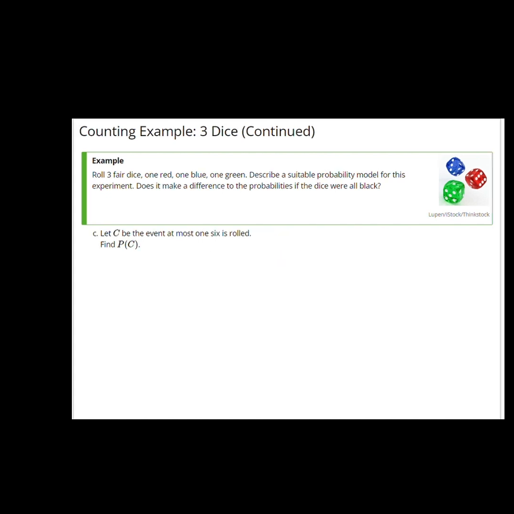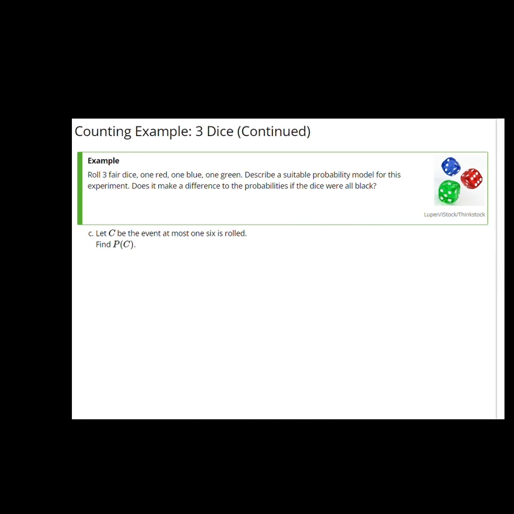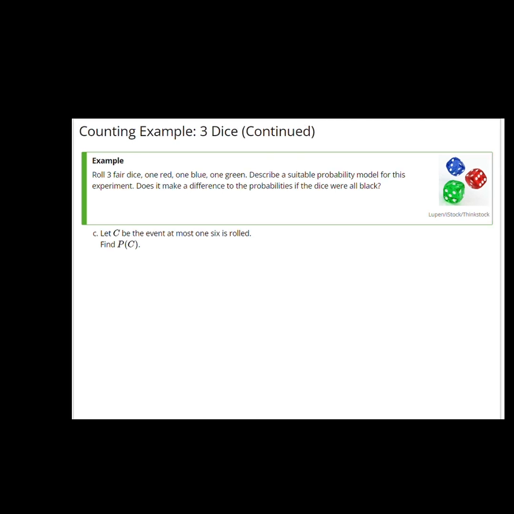Let C be the event that at most 1 six is rolled. Find the probability of the event C. This is determined by evaluating the probability of no 6 at all and the probability that exactly 1 six is rolled. The probability no 6 is rolled is the probability that all 3 dice show something other than a 6, a value from 1 up to 5. This is 5 cubed over 6 cubed.